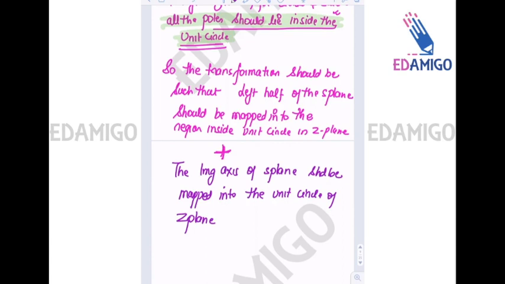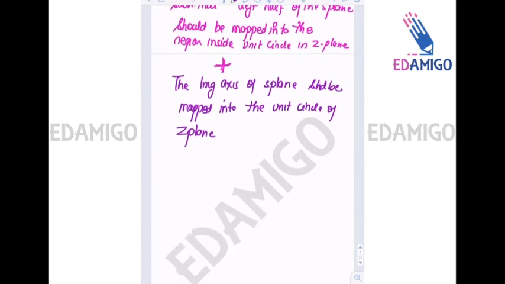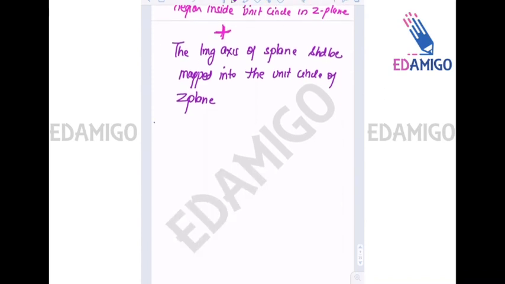So these are the requirements. Any competitive exam or GATE exam can ask you these requirements in a one marker question. So that's why these are important.